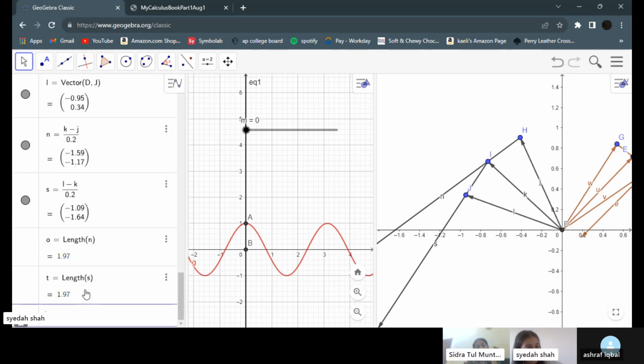Oh, the lengths are the same. They're almost two, as predicted by you, that the lengths would be two. So now, if you take one more derivative and find the acceleration, what would be the length of the acceleration?